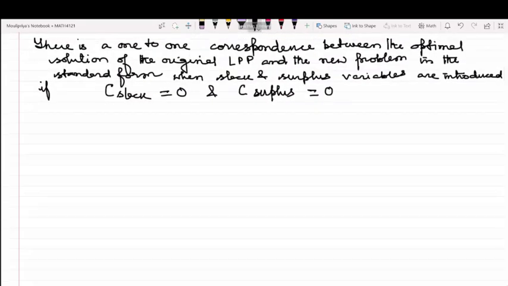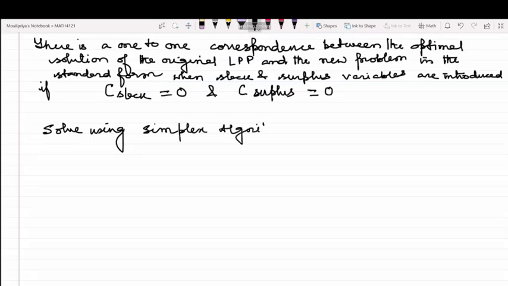Suppose the problem that we intend to do at the very beginning. You are to solve using simplex algorithm. What is the problem like?